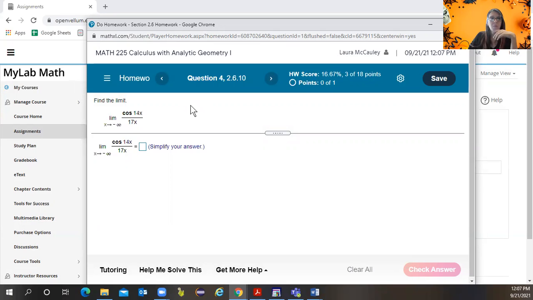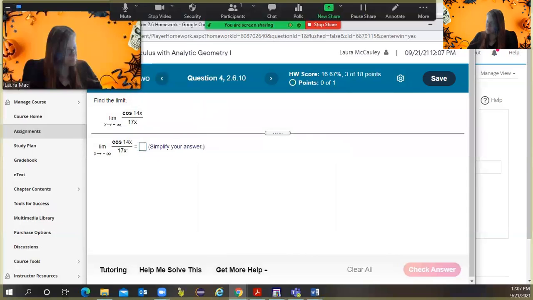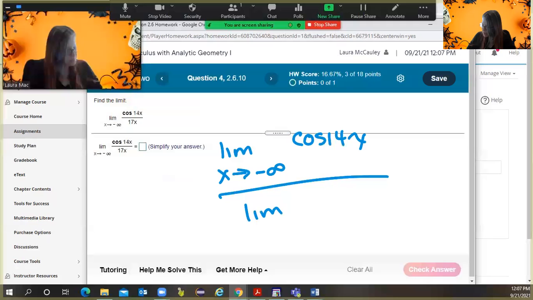All right, let's check out this one. In this one, we can break this one up again. So we can look at this as the limit as x approaches negative infinity of the cosine of 14x divided by the limit as x approaches negative infinity of 17x.